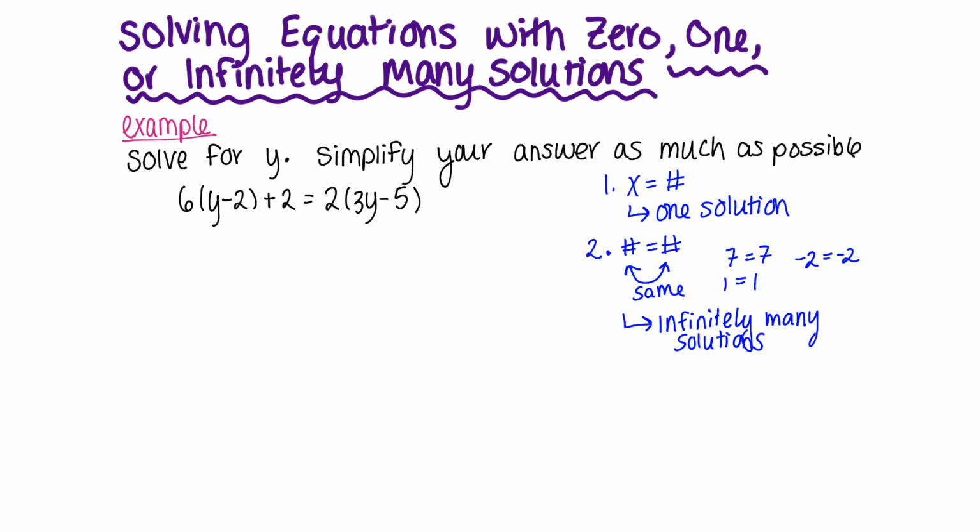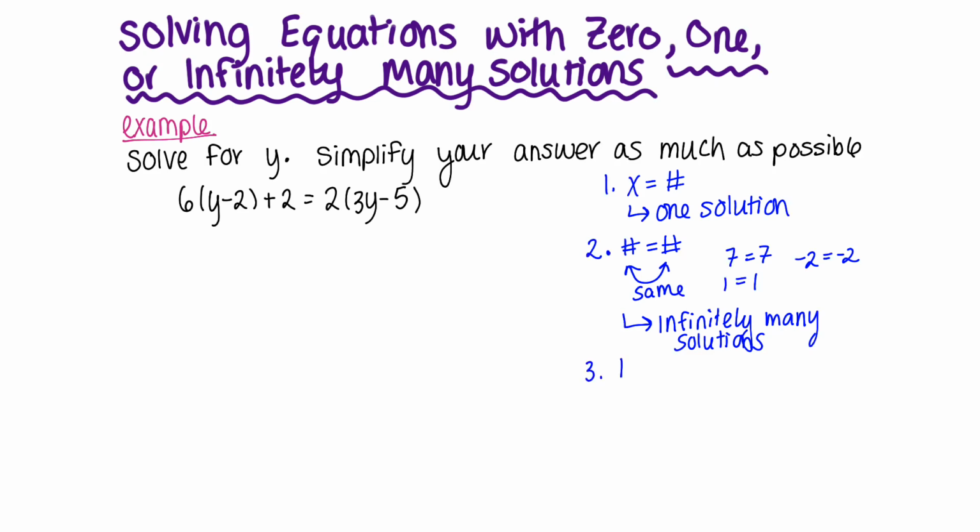So there are infinite number of numbers you can plug in that will make this equation true. In fact, you could plug in any number and it would make that equation true. It doesn't rely on the variable part at all.